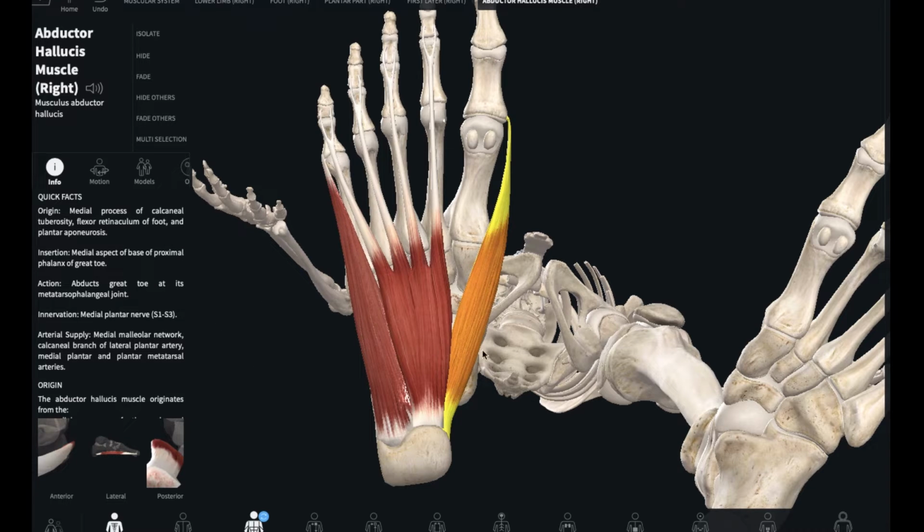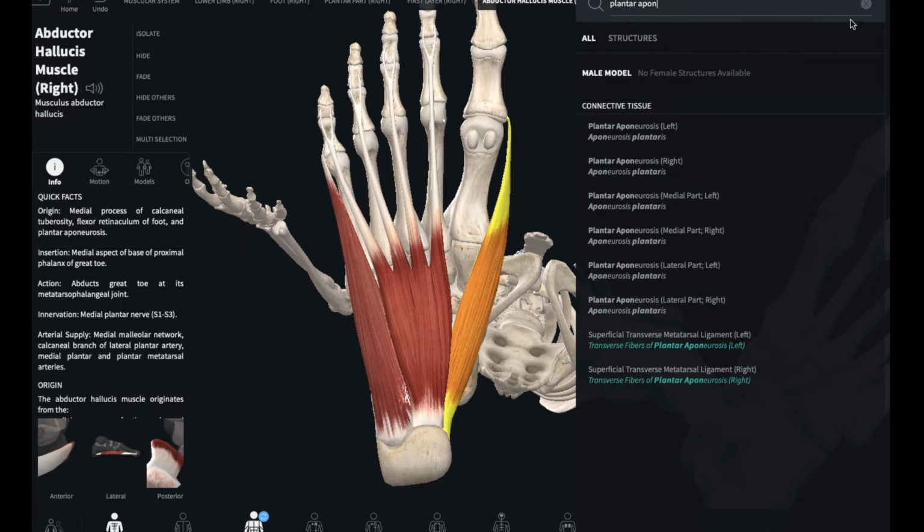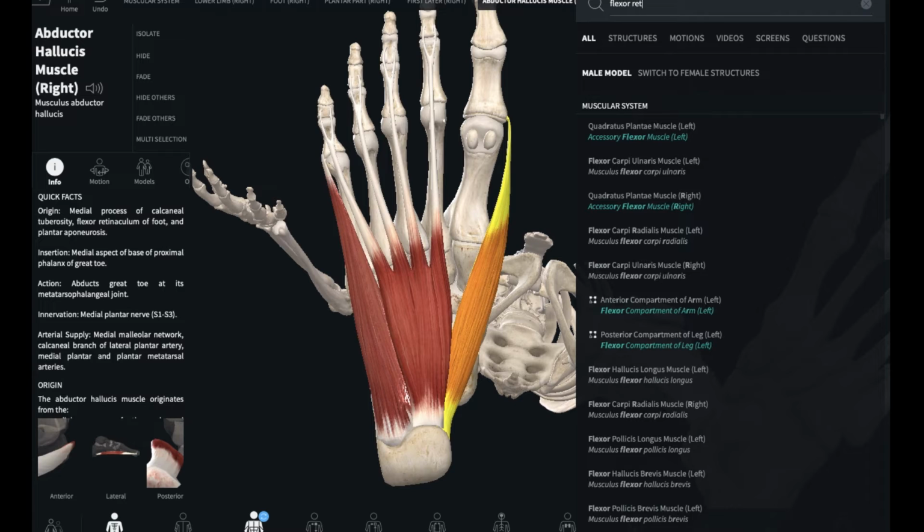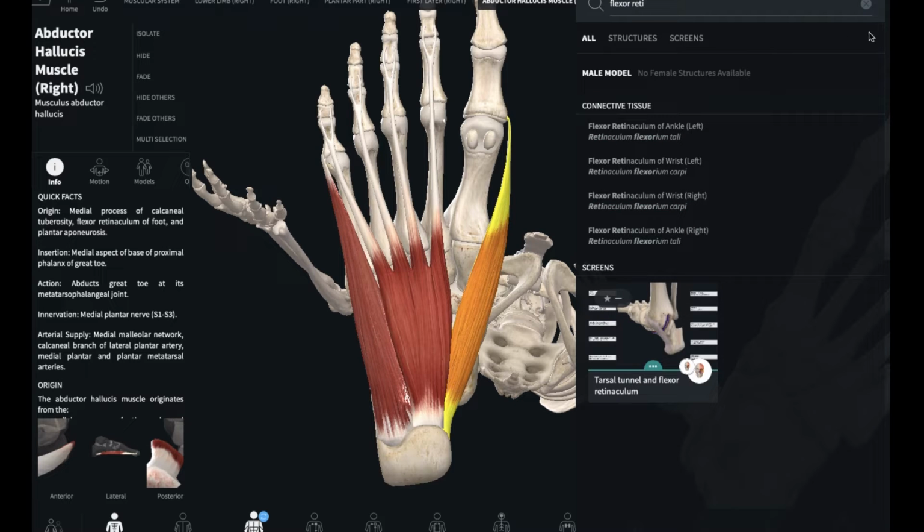So it seems that all of these attach to the plantar aponeurosis, and this one only attaches to the flexor retinaculum.